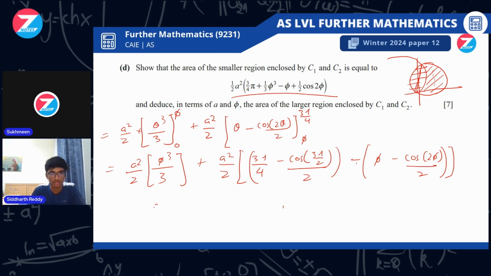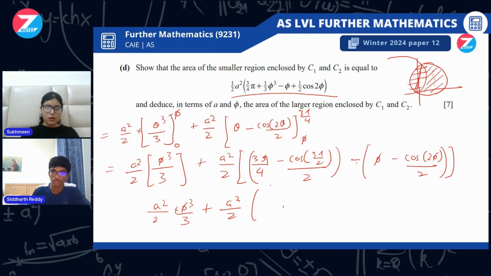So this becomes a square by 2 into 5 cube by 3, plus a square by 2 into 3 pi by 4 minus cos of 3 pi by 2. Let me just put that in the calculator. So this is just 0. So it's just 3 pi by 4 minus 5 plus cos of 2 phi by 2.